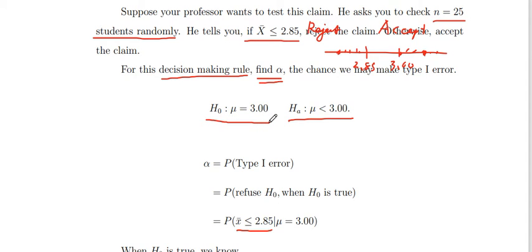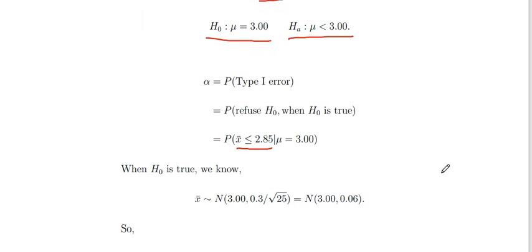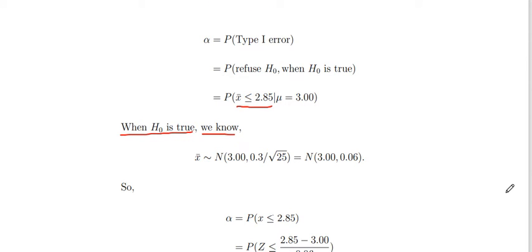When H0 is true, meaning mu equals 3.00, we know X bar will follow a normal distribution with mean mu and standard deviation sigma over radical n.